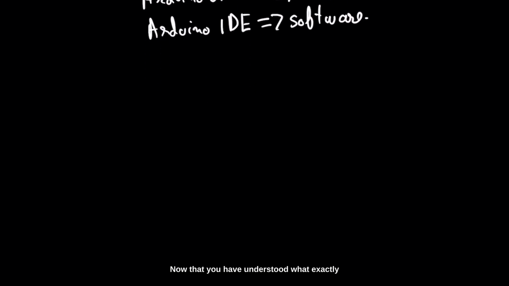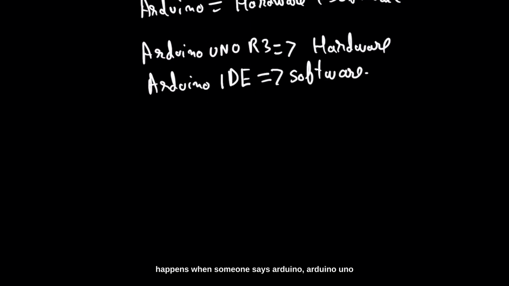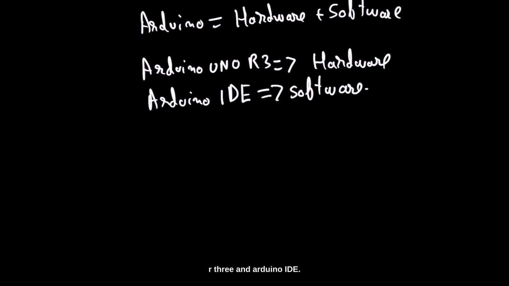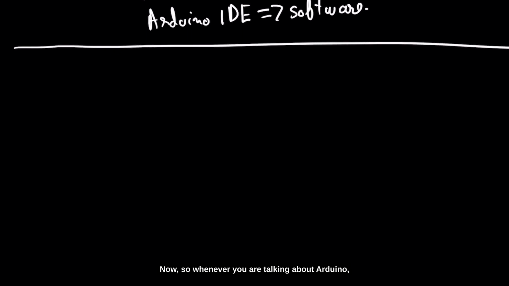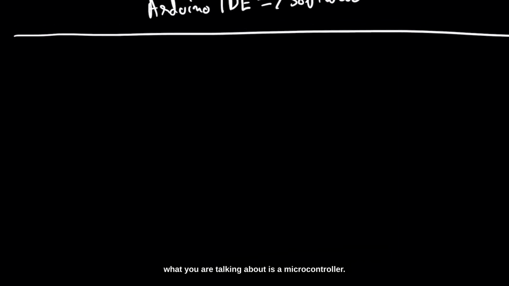Now that you have understood what exactly happens when someone says Arduino Uno R3 and Arduino IDE, now we're going to understand what exactly happens when you're talking about all of these concepts in a much wider perspective. Whenever you are talking about Arduino, what you are talking about is a microcontroller.